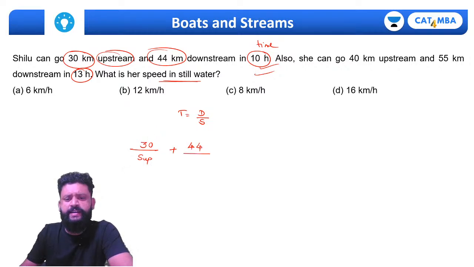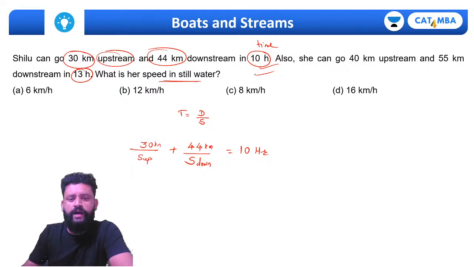No need to write t1 and t2, these two are time. Time required in the downstream direction will be distance upon speed. So I have used the formula distance upon speed. So this time and this time together should be 10 hours. That's equation 1.